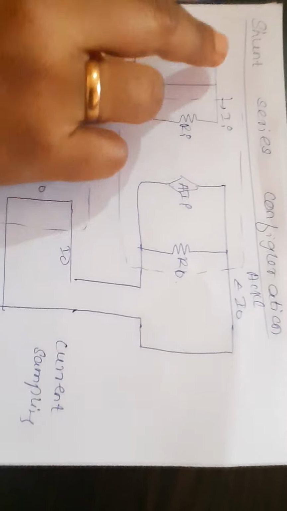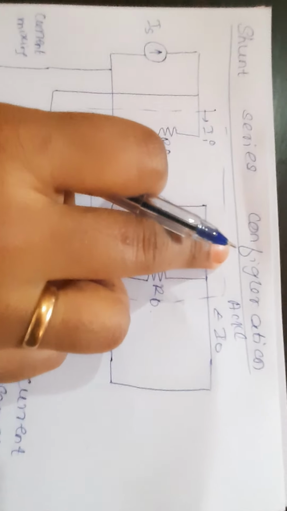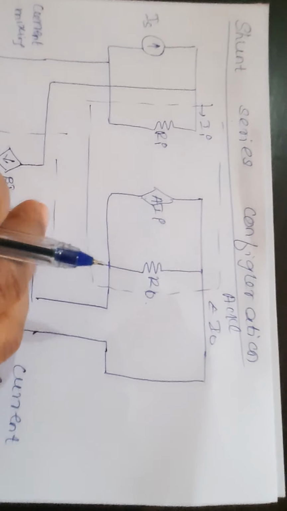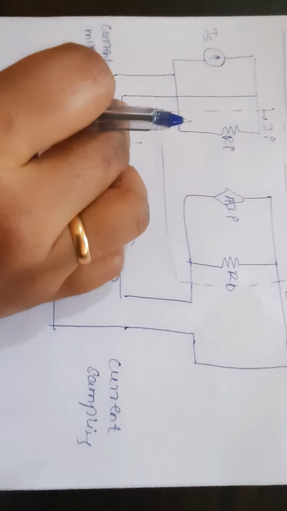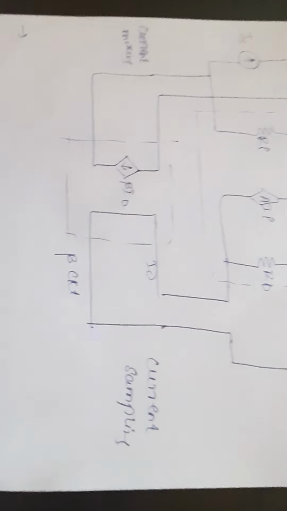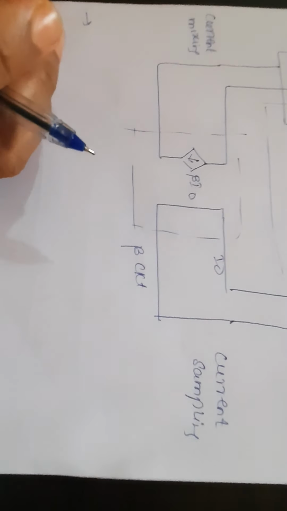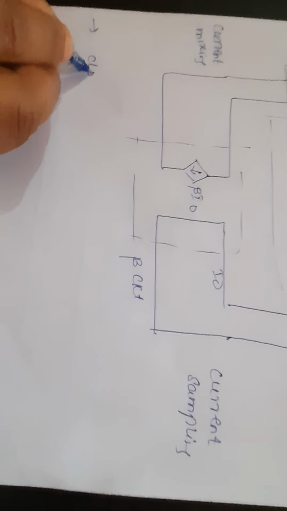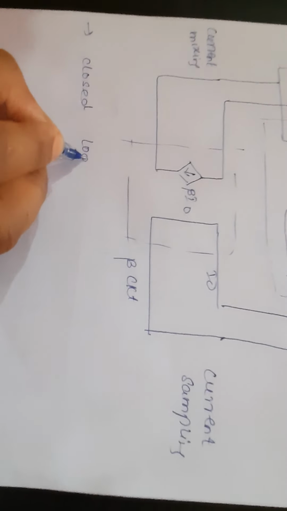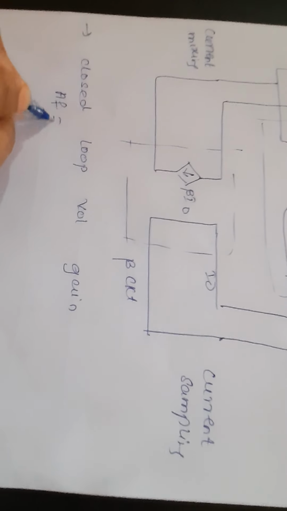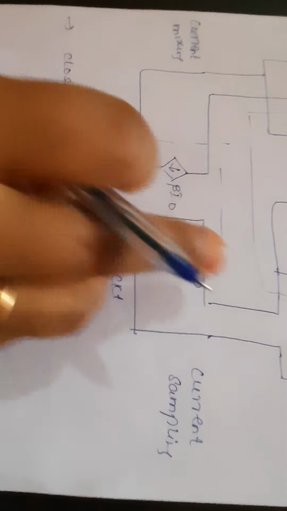So this is the feedback part. The shunt series feedback configuration will be shunt connection at the input and series connection at the output. Now here again our aim is to find out AF, RIF, ROF. The closed loop gain is denoted by AF and it is given by output by input.